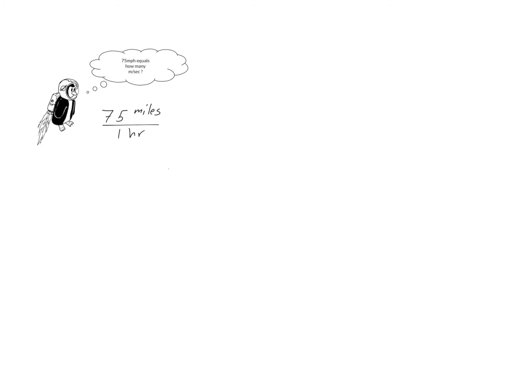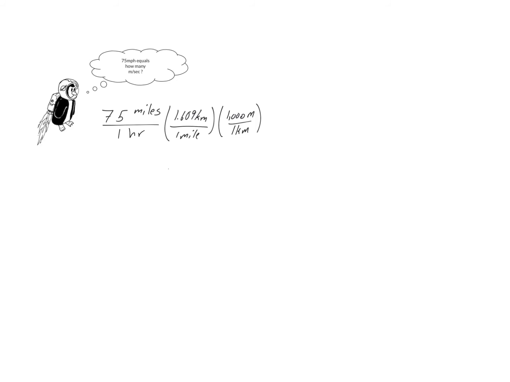I'm going to choose to get rid of the miles, so I put it on the bottom. And I know that 1.609 kilometers equals 1 mile. But my final answer needs to be in meters. So I need to convert that kilometer into meters. Fortunately, metric conversions are pretty straightforward.